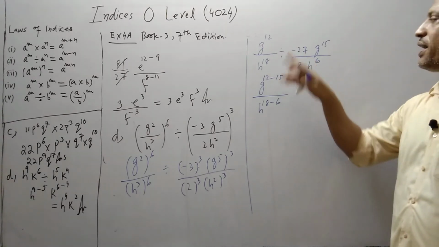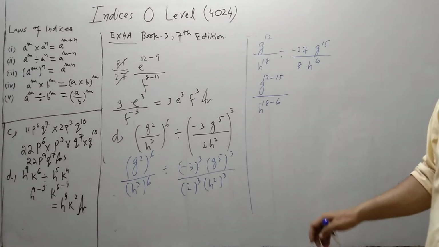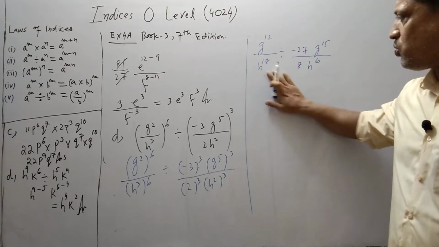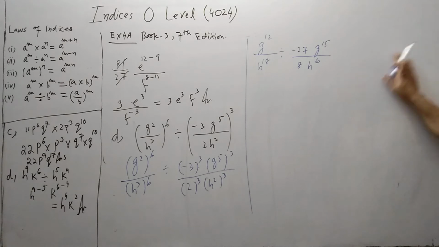And what about this minus 27 upon 8? So you just write divided by.